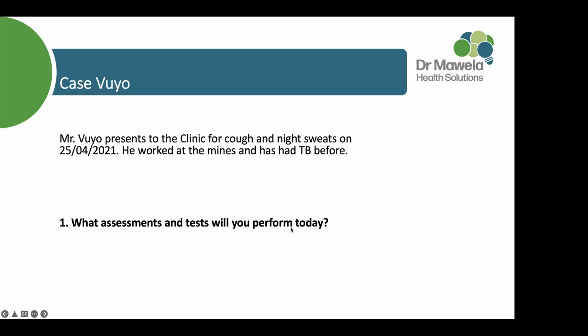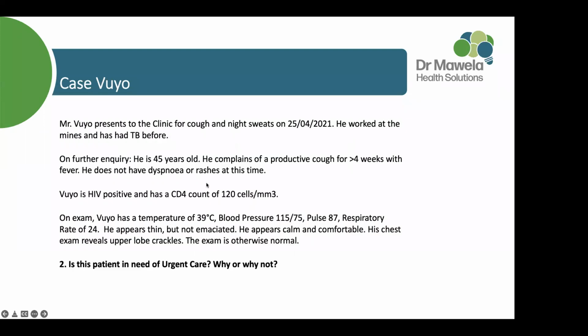Collecting sputum for Gene Xpert, yes, but collecting sputum for a TB smear, not at this point in time, right? Because in our algorithm, which I will show you, our key diagnostic test for TB is a TB Gene Xpert, and we only do a smear once we get a positive Gene Xpert. So the first 4 options would be some of the things that we need to do, except the final option there on TB smears, which we would need to park for now.